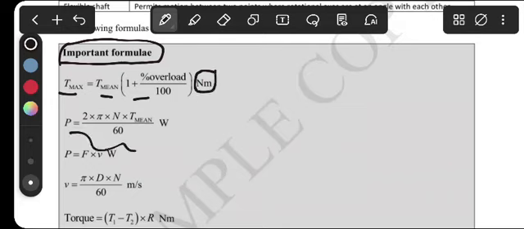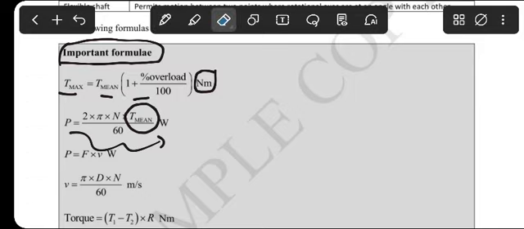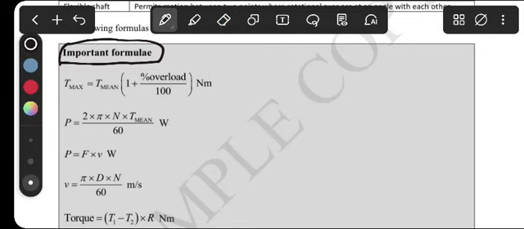Then the power formula, check here. We are not using the maximum torque, but we use T mean there. We're using T mean, not maximum torque, guys, as you can see. This is T mean, this is maximum torque. When you're calculating power, we're using T mean.